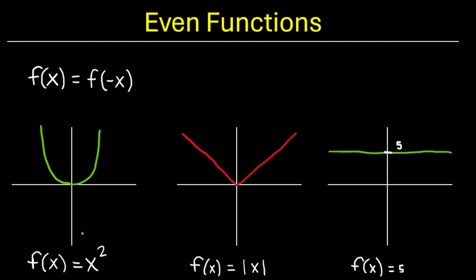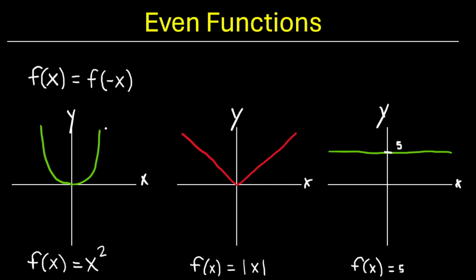All right, so even functions are simply functions with the property f of x equals f of minus x. What does this mean? Well, it simply means that they're symmetrical across the y-axis. So I've gone ahead and drawn three examples here. As you can see, I'll label the axes x and y.